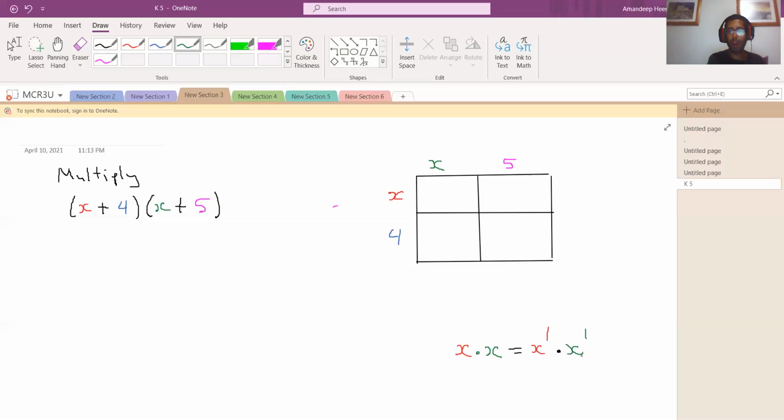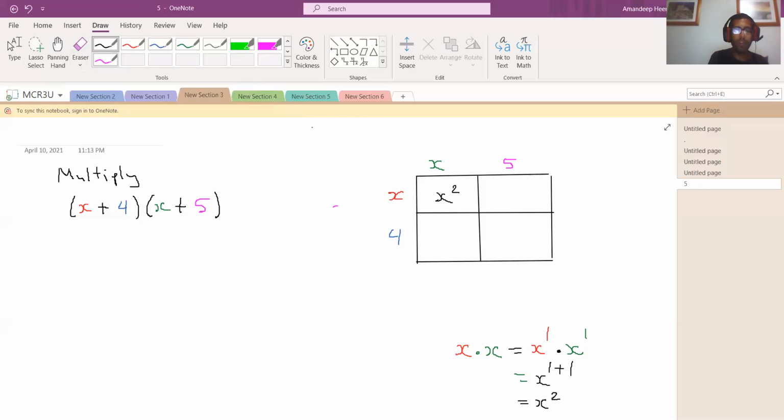Now you notice they have a common base, so you can add up the exponents. So you're going to get x to the power 1 plus 1, and that is going to be x to the power 2. So the first expression here is going to be x squared.